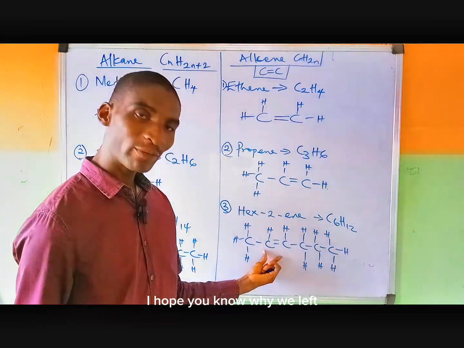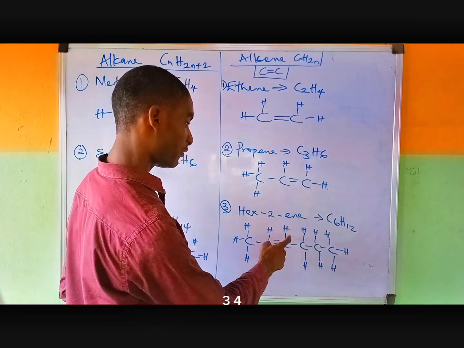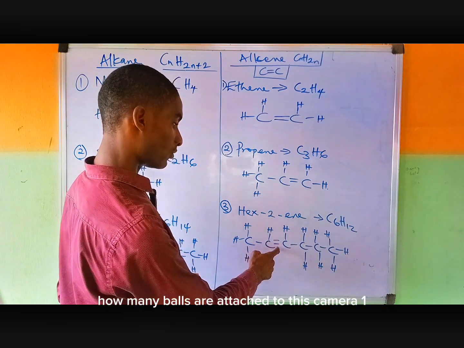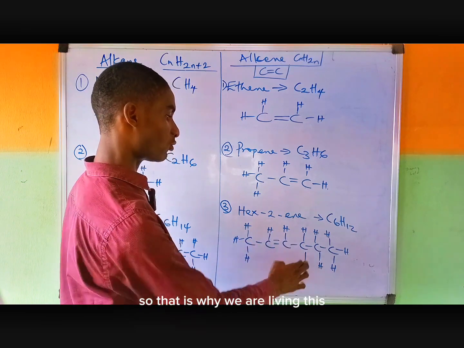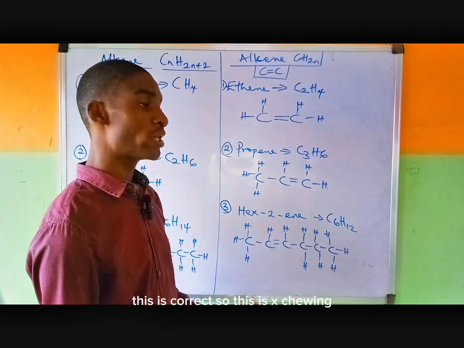I hope you know why we left these spaces. So how many bonds are attached to this carbon? 1, 2, 3, 4. How many bonds are attached to this carbon? 1, 2, 3, 4. So that is why we are leaving this. This is correct. So this is hex-2-ene here.